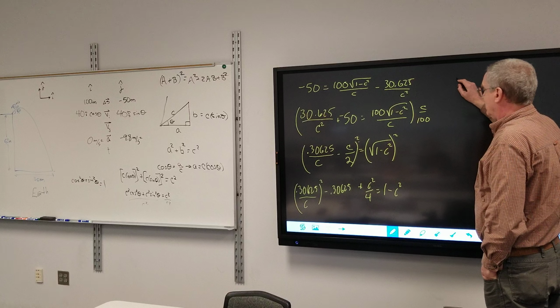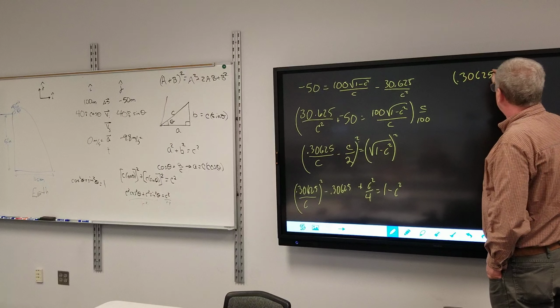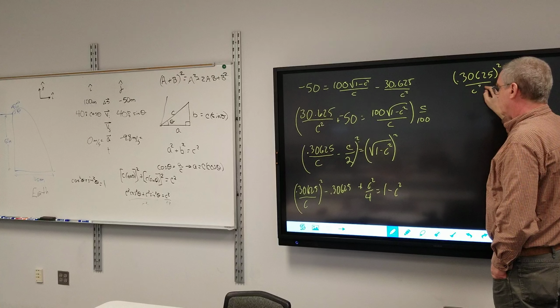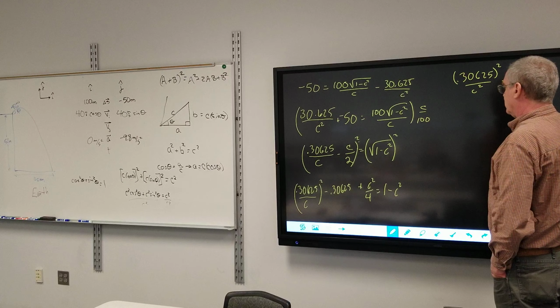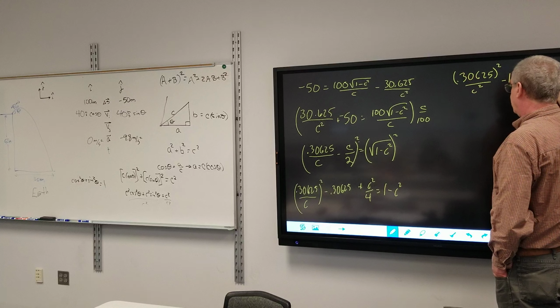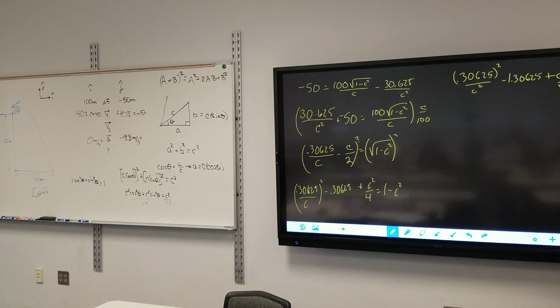So 0.30625 squared over c squared minus 1.30625 plus c squared over 4 equals negative c squared. Now what?